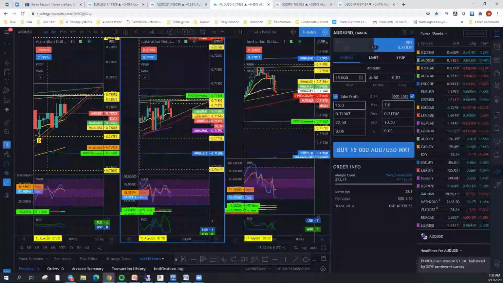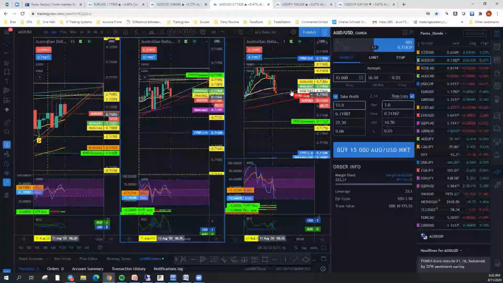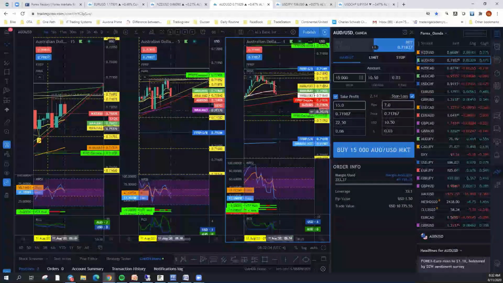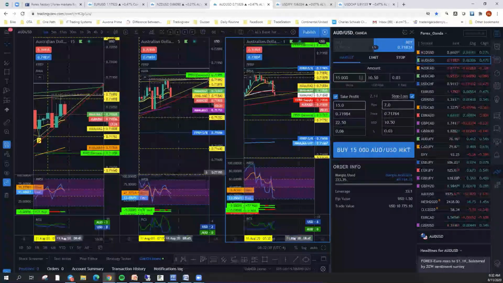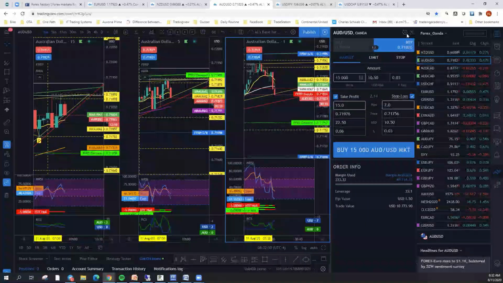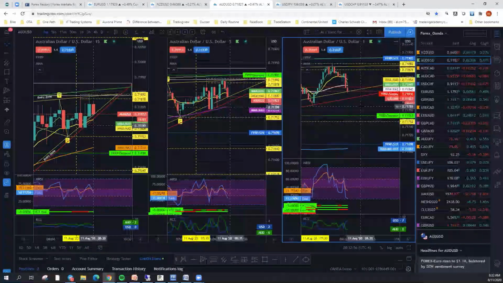But as the wedge gets tighter and tighter toward the peak of the wedge, it's usually an indication that things are going to start to break sooner rather than later. Take that off. We're not sure which way this thing is going to go.